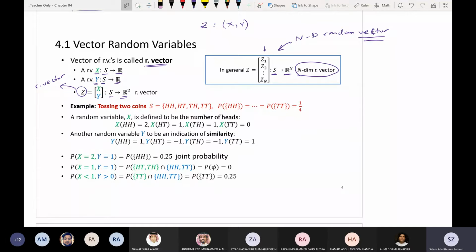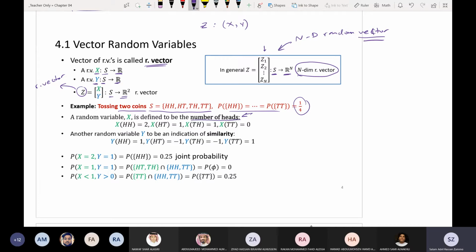We have here tossing two coins. When we toss two coins, we know the sample space. It has 4 outcomes: head head, head tail, tail head, tail tail. And we know that the probability of every one of them is 1/4. Now we can define different random variables. One of the random variables that we have already defined in chapter 2 is the number of heads.